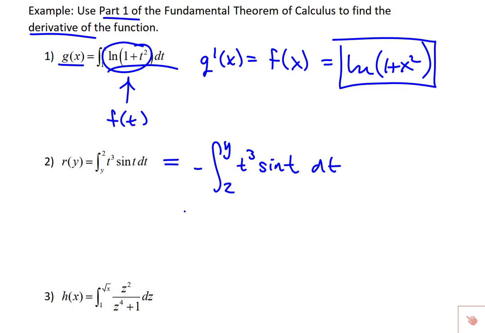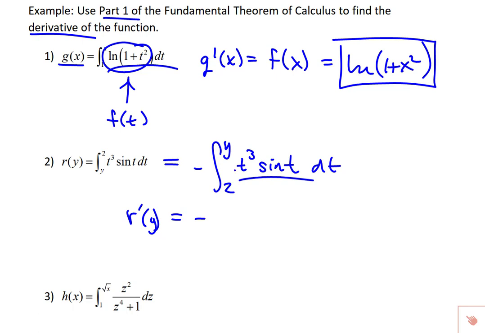But now we can go right to part 1 of the fundamental theorem, which says, of course, we have f of t written here as t cubed times sine of t, and we know that r prime of y, the derivative of this function, is simply going to be, well, we keep the negative that was out in front of our integral, because we had to put it there to switch the bounds.